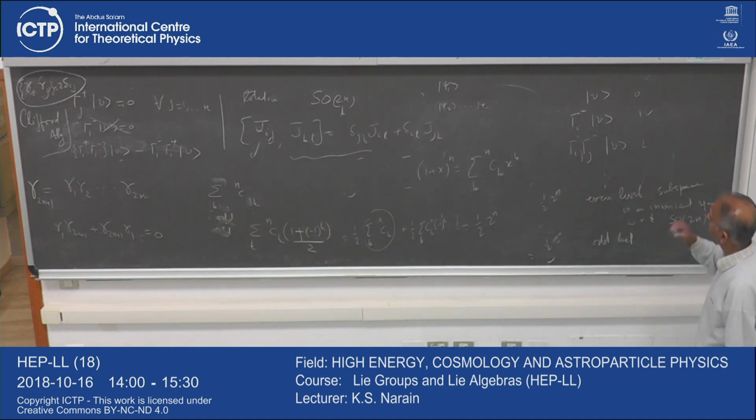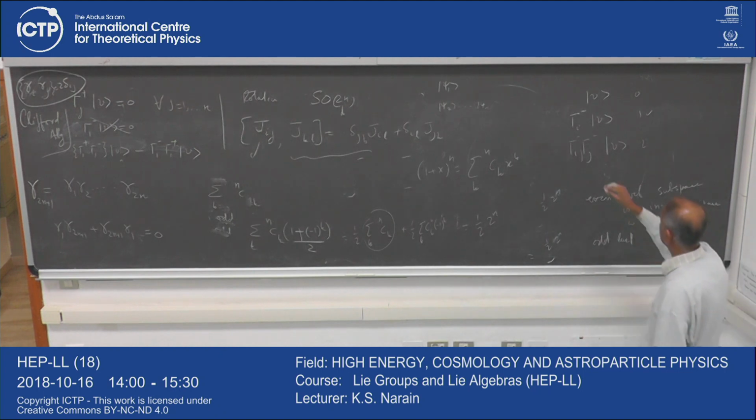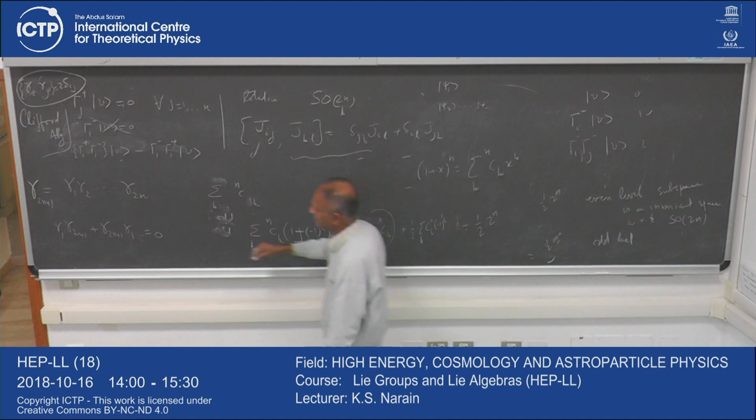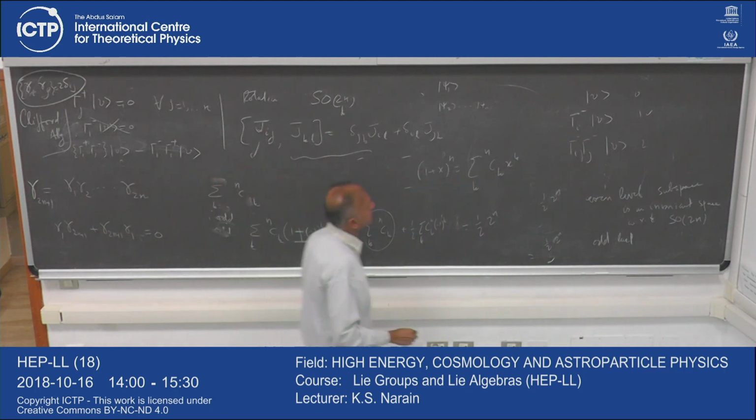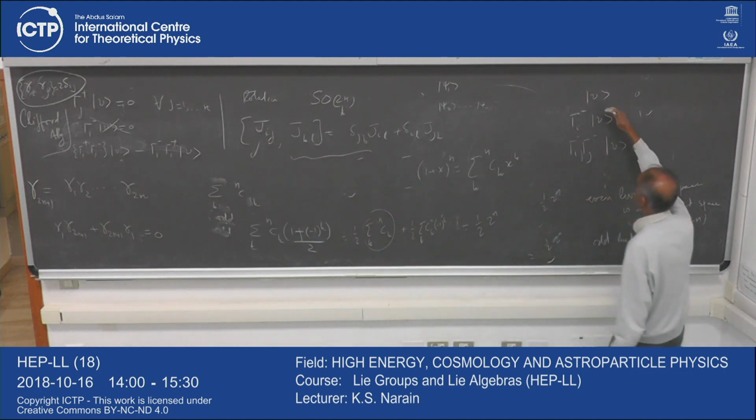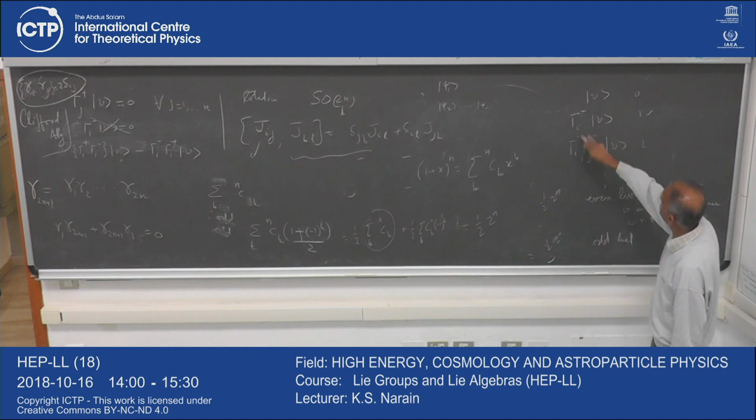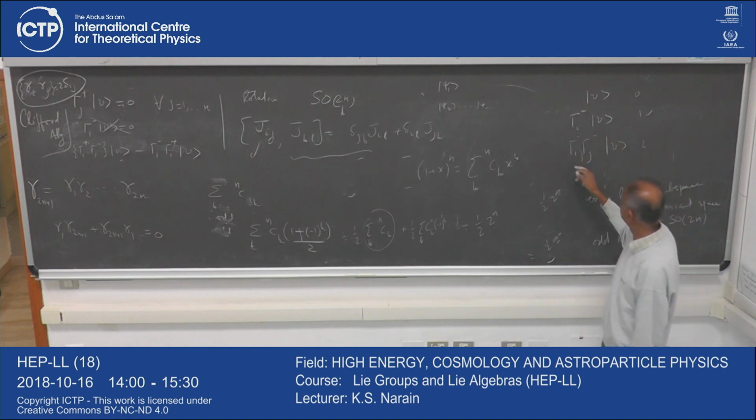Now, suppose I apply gamma 2n plus 1 on these states. You see, all of these guys have the same sign, right?